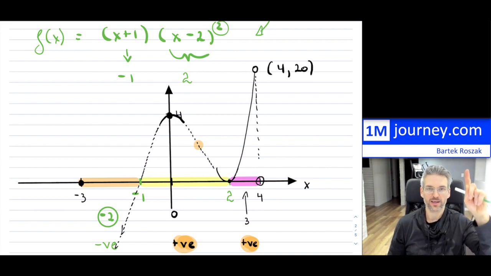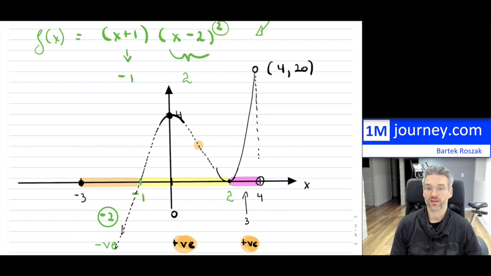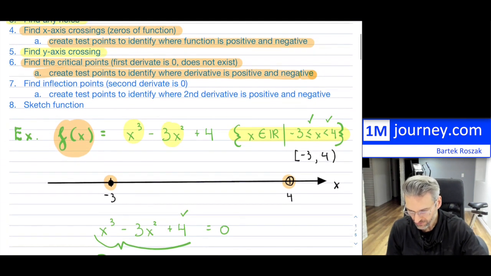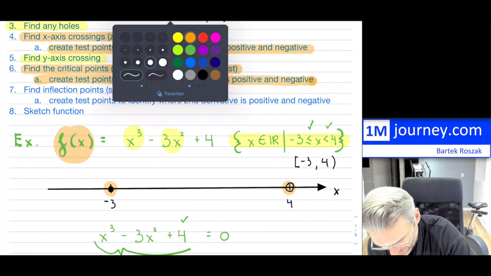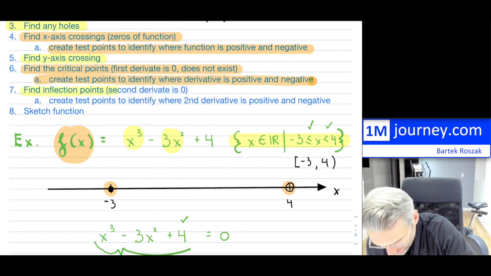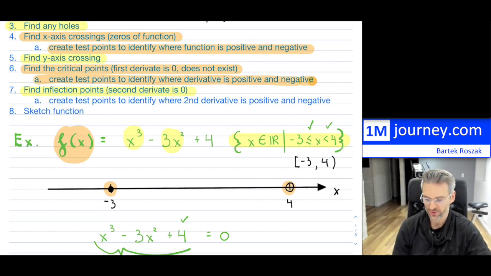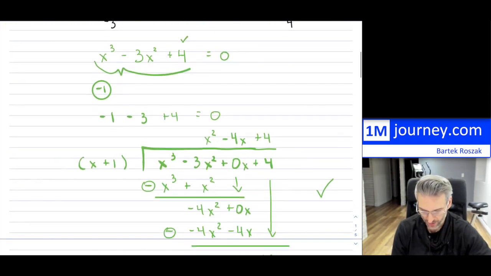I can put a link up above if you want to learn. Now, how do we know concave up, concave down? That's from the second derivative, and that's what you would see over here. So notice number 7, it says find the inflection points from the second derivative, so set it equal to 0. And then you can create your test points to see if it's going to be concave up and concave down.